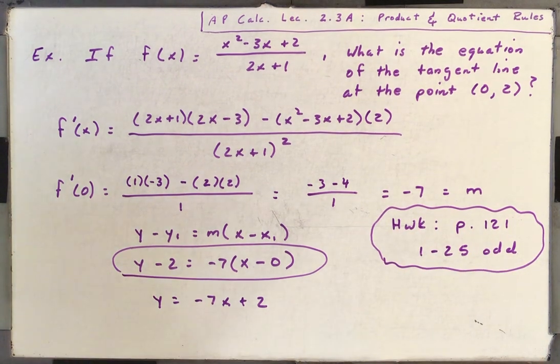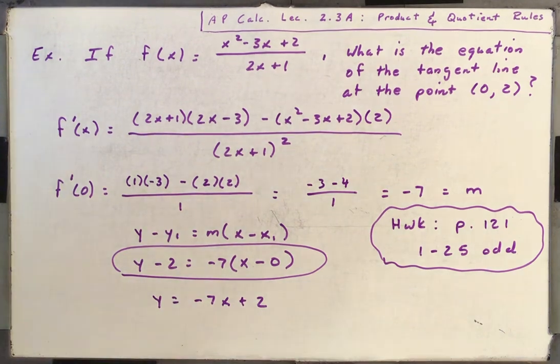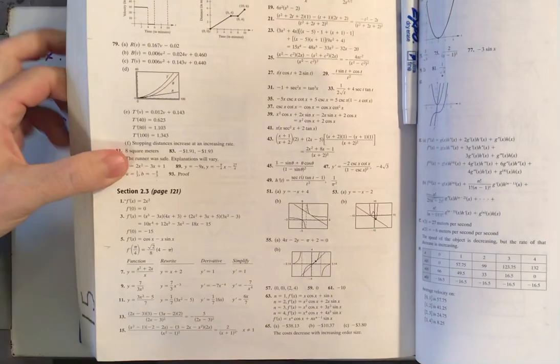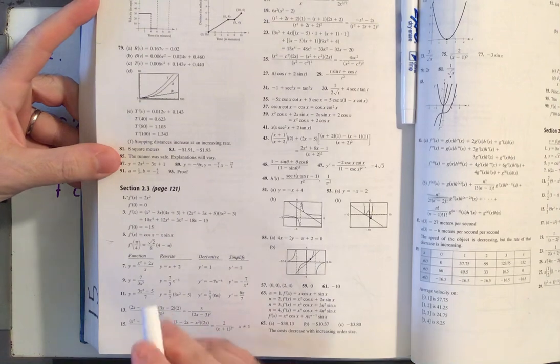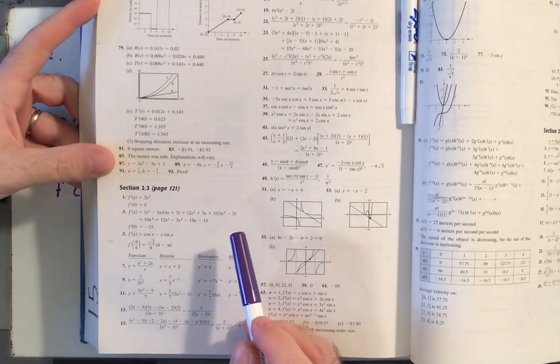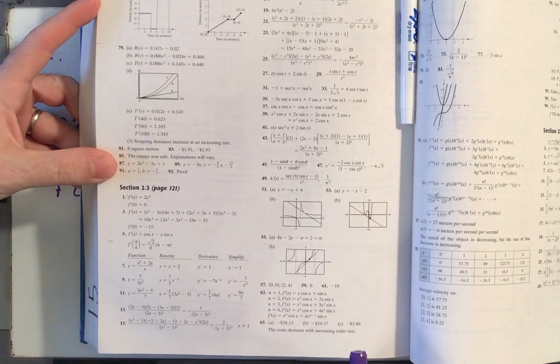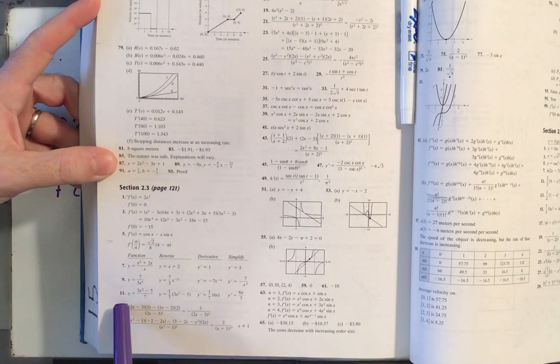So I'm going to show you the answers in the back of the book and see how, for example, on number 13, I don't require you to multiply out the numerator and get that negative 5 there. You can stop at this point.